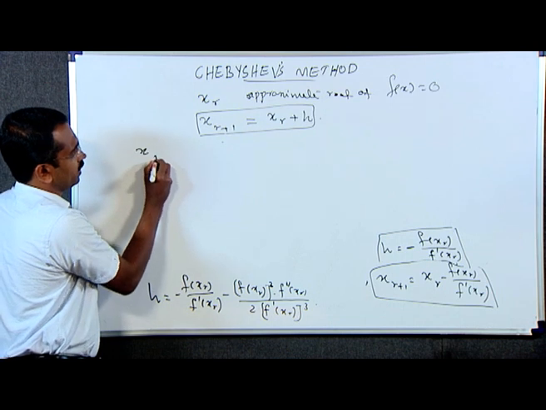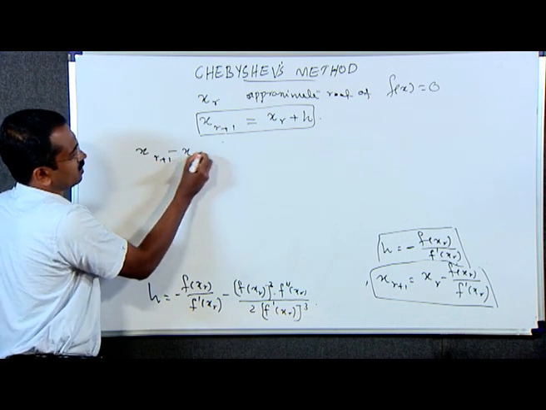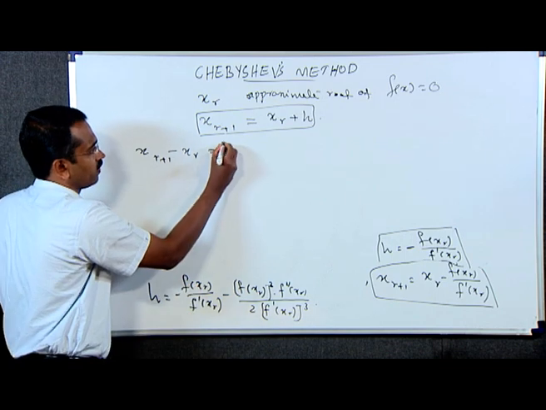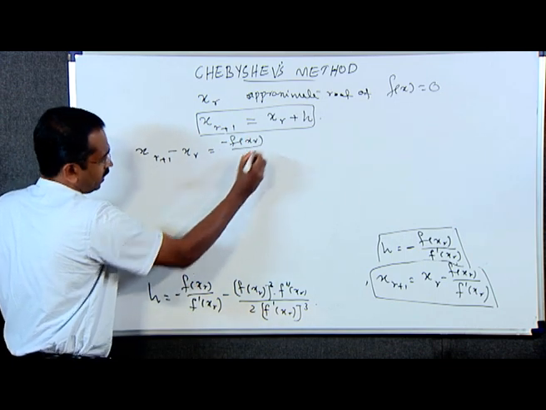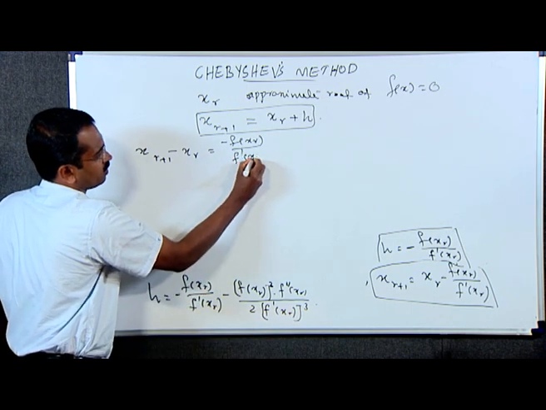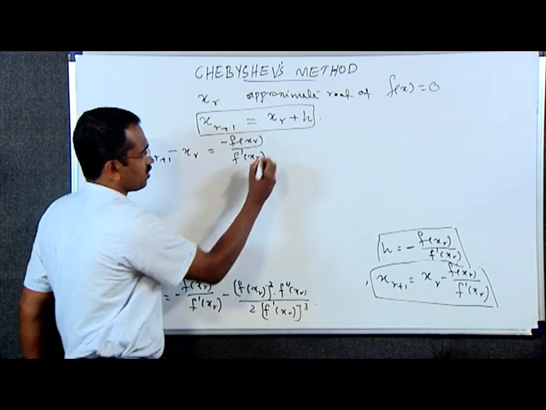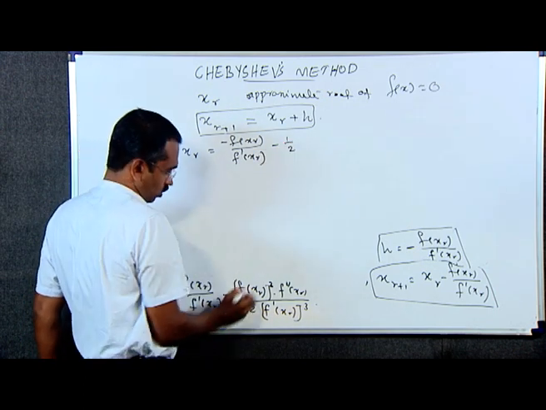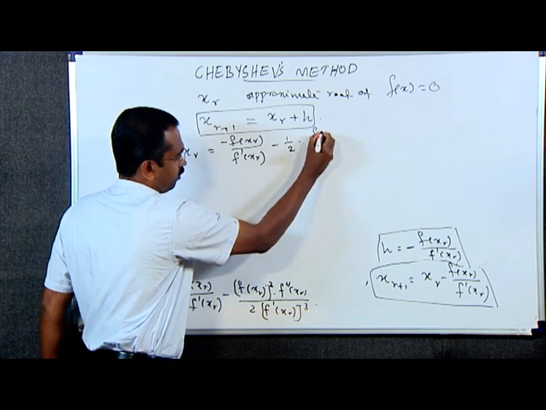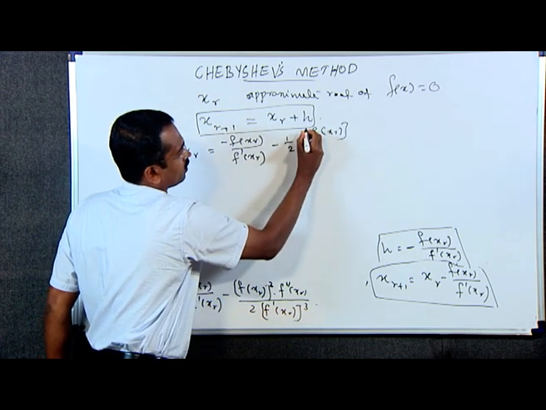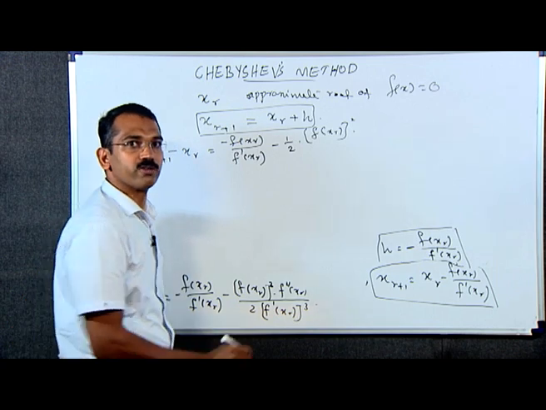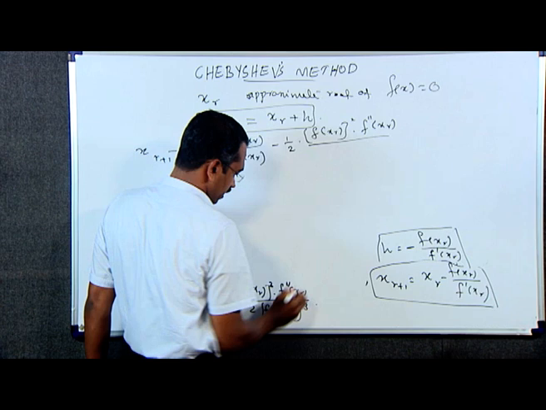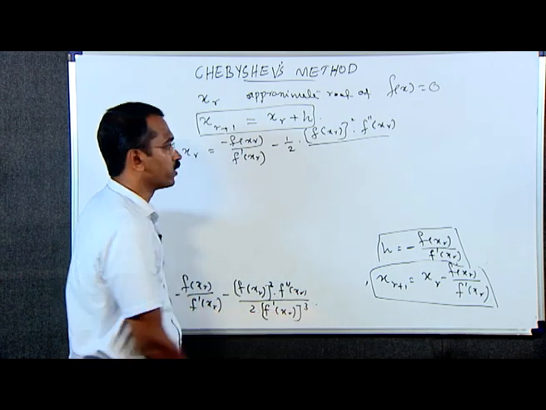Therefore, we can write xr+1 minus xr, this is h, which is equal to minus f(xr) divided by f'(xr) minus 1 by 2 into f(xr) squared into f''(xr) divided by f'(xr) whole cube.